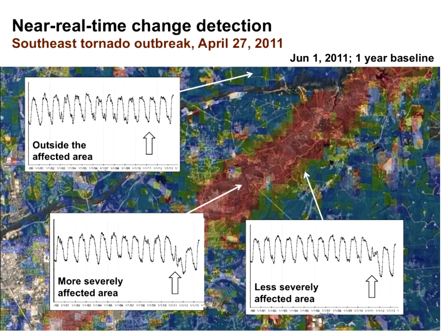And with the benefits of time, especially looking at this time series, we can see how it manifests itself in the NDVI profile over time. Up here in the blue, areas that were not affected, you can see it's a normal year in 2011, just like it was in 2010 or 2012. There's no discernible impact at all.